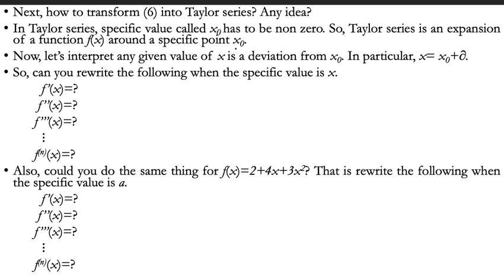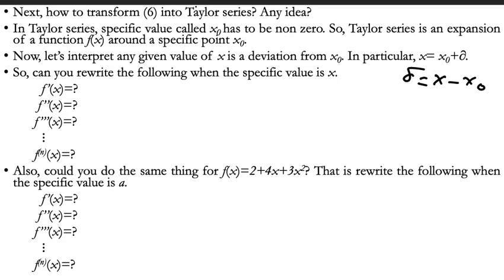Let's say we take any value x, and x is a deviation from x0, in particular x is equivalent to x0 plus delta. So delta here is basically the deviation, the difference between x and x0, isn't it?